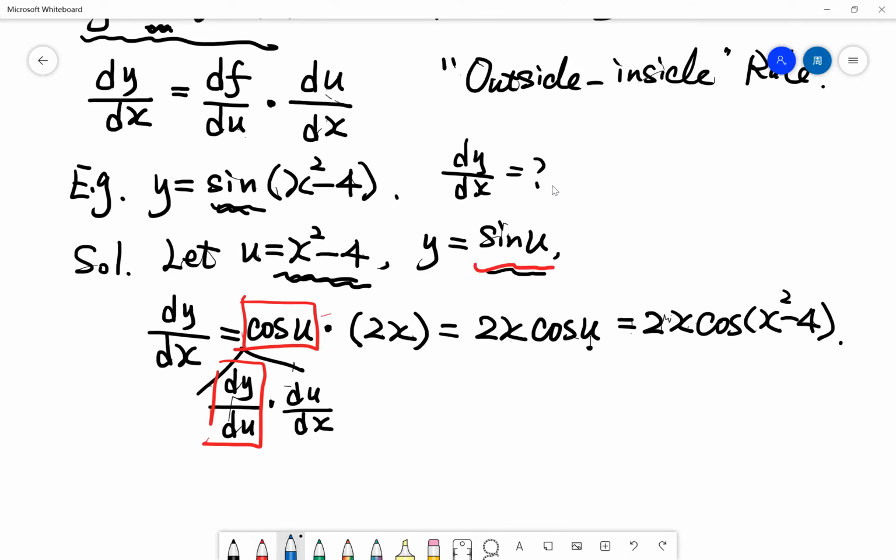And du by dx should be 2x. So we call it the outside-inside rule. First calculate the outside, then the inside. So can you understand how I solve this question of the composite function, guys?